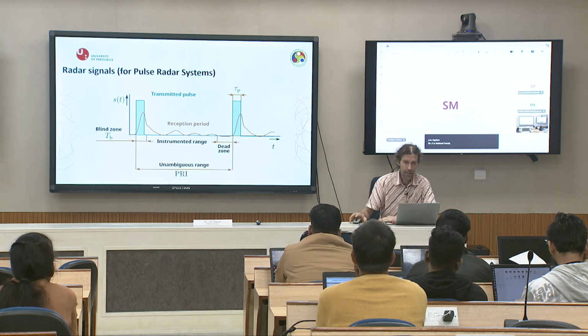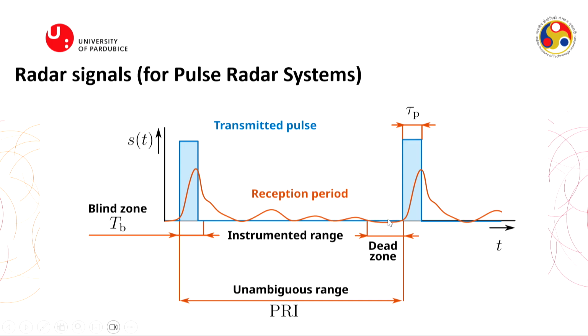So this is our transmitted signal. This is PRI, the pulse repetition interval, then the next pulse repetition interval, and we transmit a pulse and continue. Then we have CPI, the coherent processing interval, which is called slow time, and you know why, because we need to compute the spectrum.